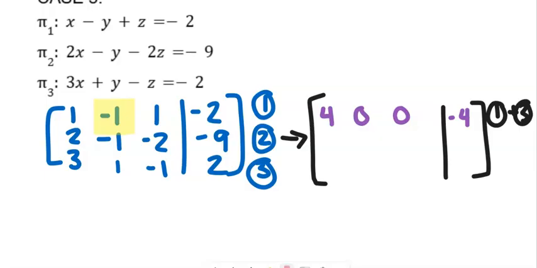Okay, in line 2, I'm going to see, can I get this guy to be a 0? How could I do that? Well, I could do that by taking 2, take away 2 times 1.